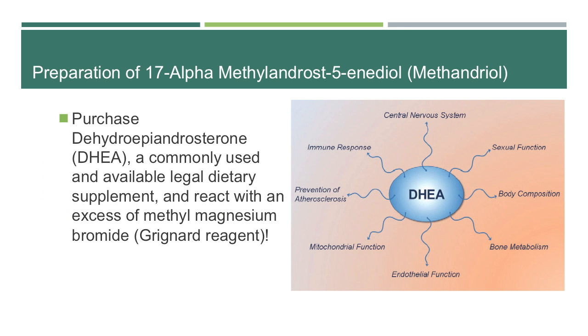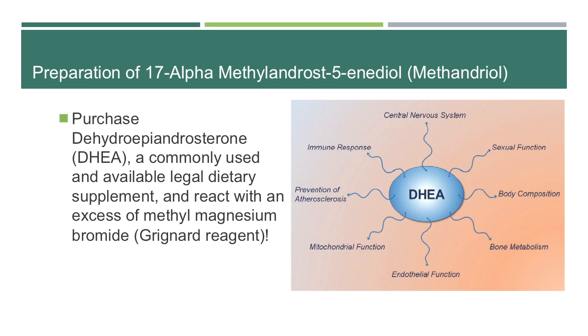Now that we've got a good idea about steroids in general, as well as testosterone specifically, the primary anabolic steroid found in the human body, we're going to talk about a commonly used steroid among athletes, which is methandriol, or 17-alpha methylandrost-5-enediol, and specifically in this slide, how to synthesize it.